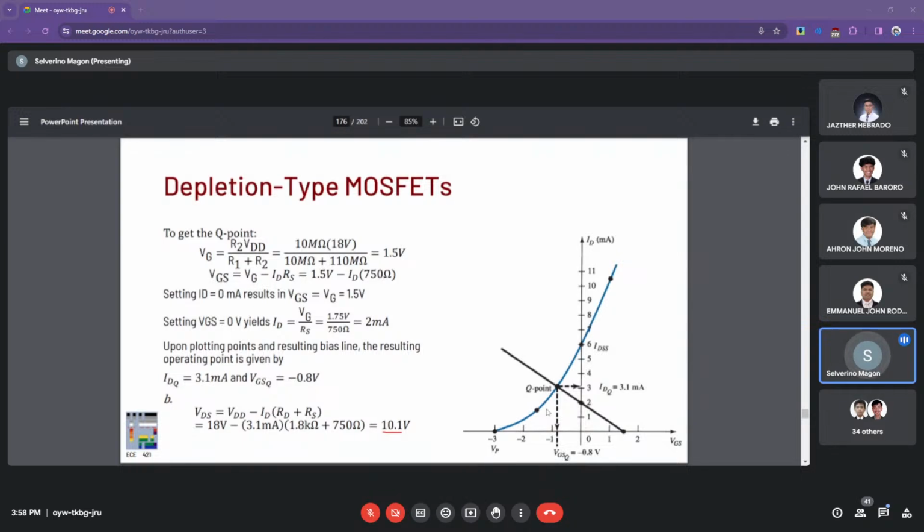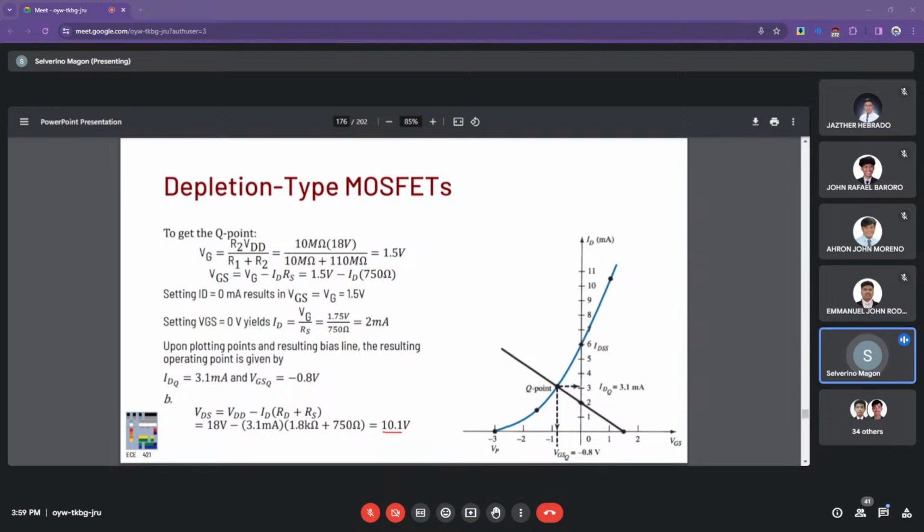So for ID of 0, the input loop at VGS becomes 1.5. Now, at VGS equal to 0, the ID becomes 2 milliamps. So you have an equation at this point.